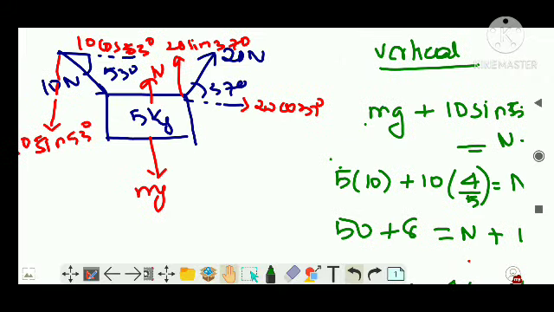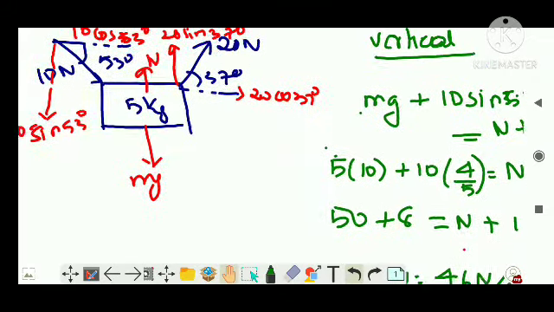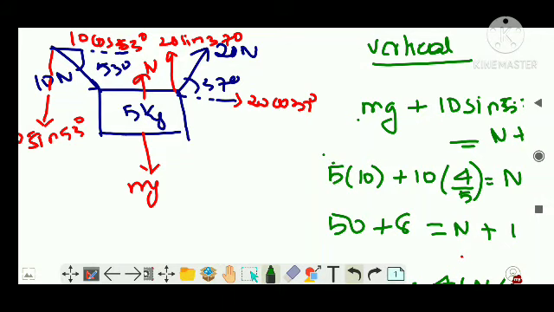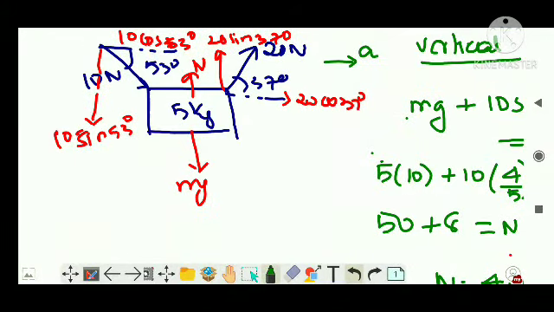Now suppose you are told the object is moving in the forward direction. Suppose the acceleration is given in the forward direction. That means I can write this direction as positive, so 20 cos 37 is positive. That is our horizontal forces.